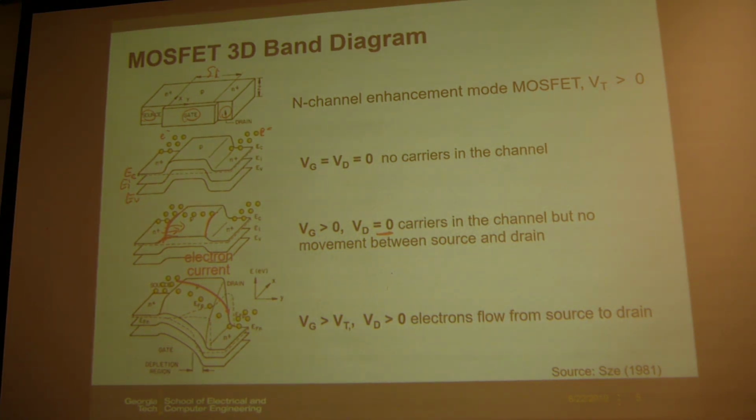And then you apply drain voltage, then the drain band will be further lowered, then you will have this kind of band edge at the surface of the silicon. So now the electrons will move over the barrier, and then they will fall down to the drain. It's like water.